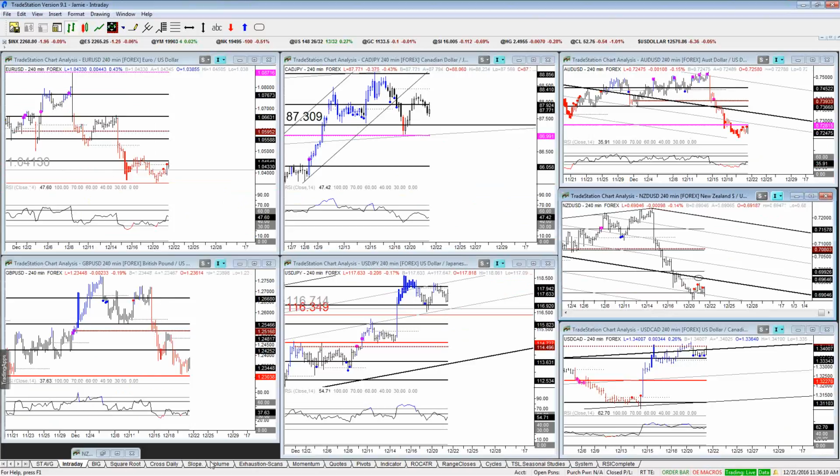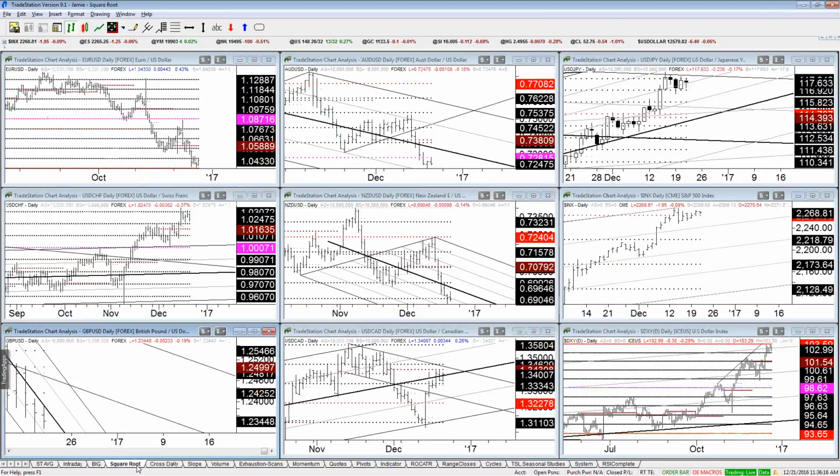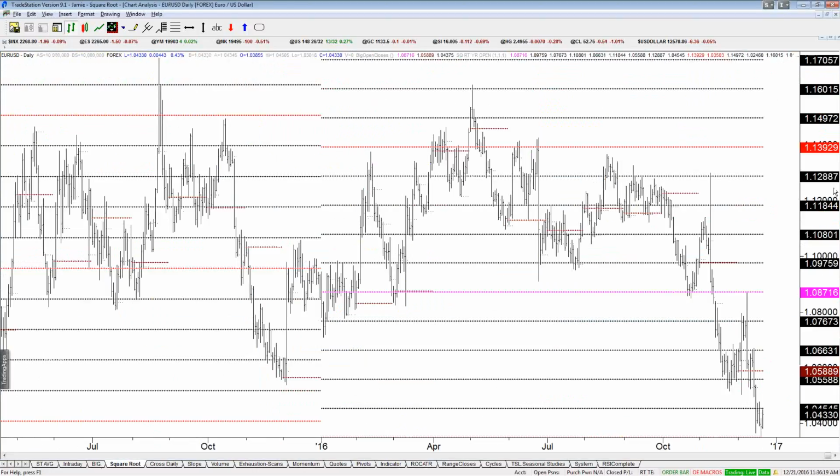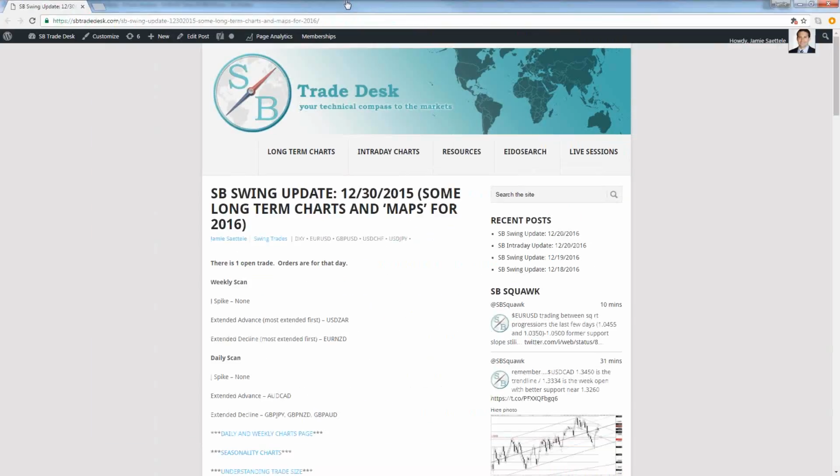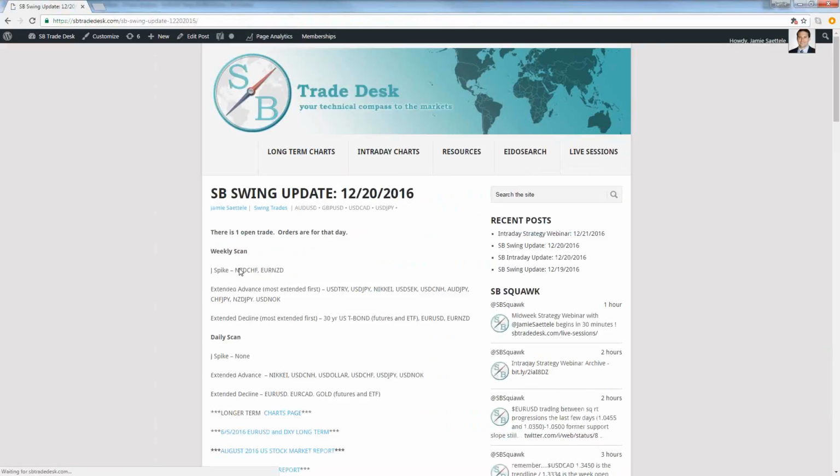Euro Kiwi, for example. Let's take a look at Euro Kiwi. Euro Kiwi, we had some reversals last week. We had J spikes in Kiwi Swiss and Euro Kiwi.